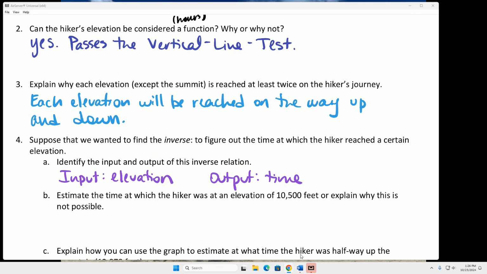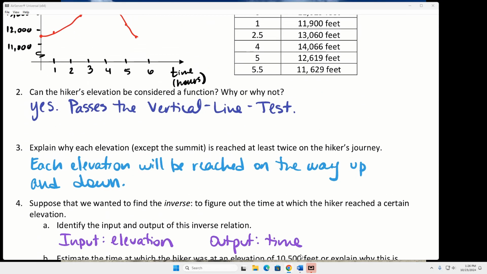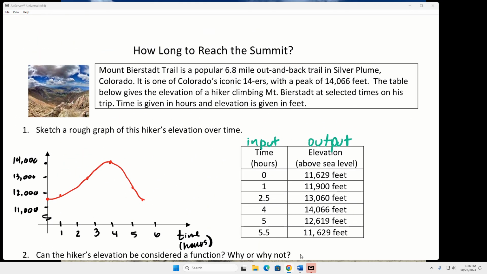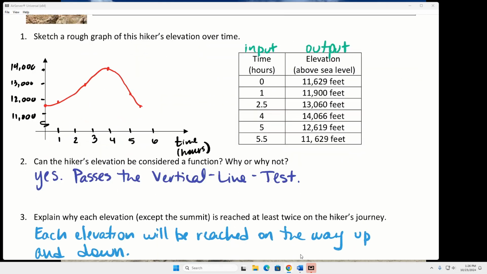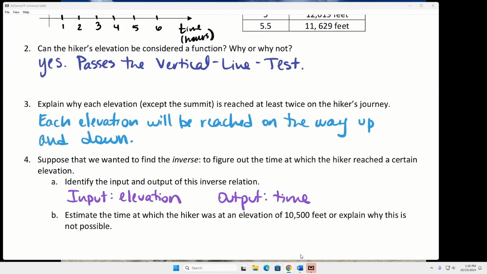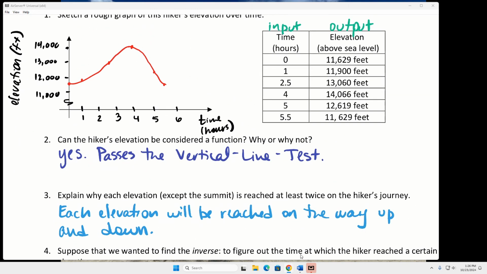All right, now this confused some people in my last class. So these people, whoever, they don't hike to start the hike. So you like ride in a car to start the hike. So estimate the time at which the hiker was at elevation 10,500 feet, or explain why that's not possible. So during this hike, were they ever at 10,500 feet?